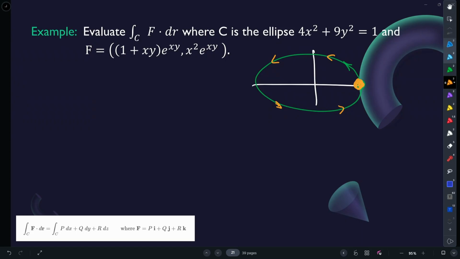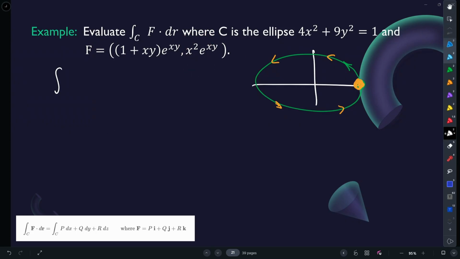That would tell me that this is conservative, so I can move ahead. Or I can actually find the potential. So let me try to find the potential. Since I have to do an integral, I would rather do an integral of this one with respect to y than of this one with respect to x. I hope you agree. So we're going to integrate this one with respect to y and see what happens.